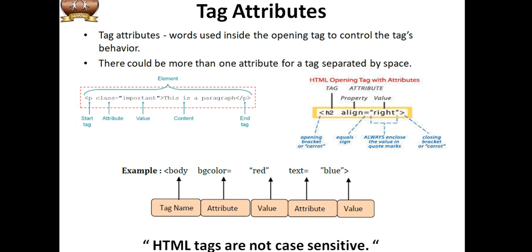An important point that is highlighted here: HTML tags are not case sensitive. Even if you write the tags in lowercase or uppercase, they will behave the same. Behavior will not be affected by the case.